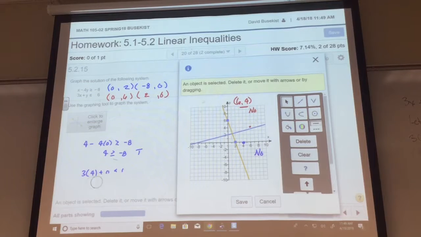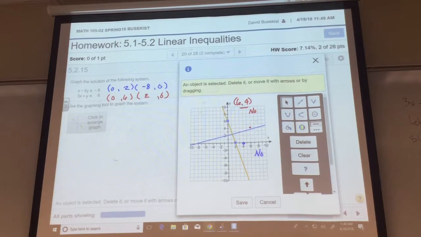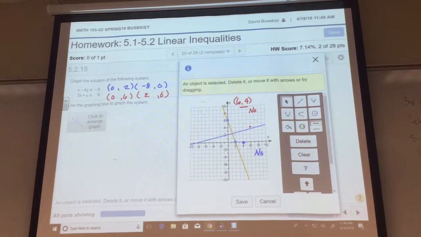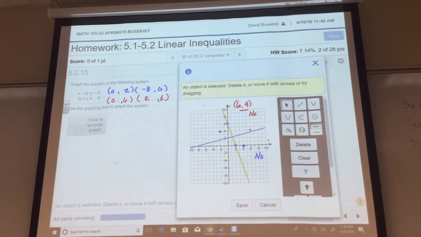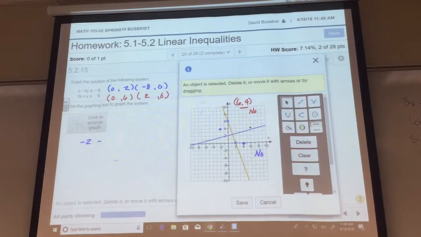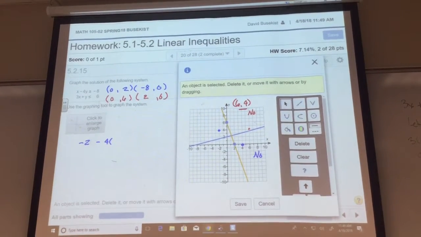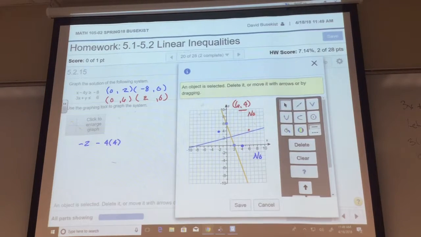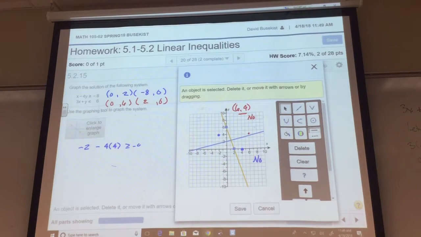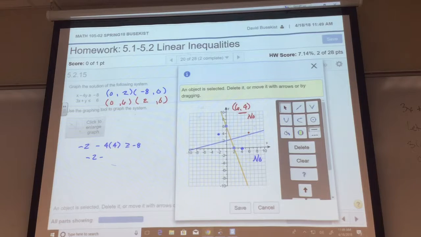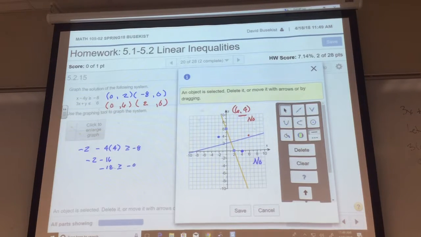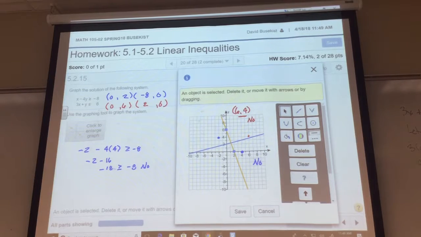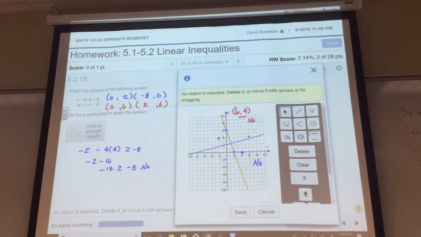Okay? So I'm 0 for 2 so far. -2, 4. -2, +4 would put it up here. So -2 minus 4 times a +4 greater than or equal to -8. -2 minus 16, -18 greater than or equal to -8 is a no. That's not true.